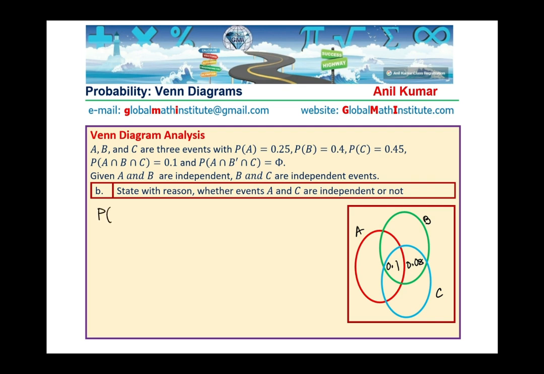So let's find the probability of A intersection C. So the probability of A intersection C is given to us as 0.1, right?